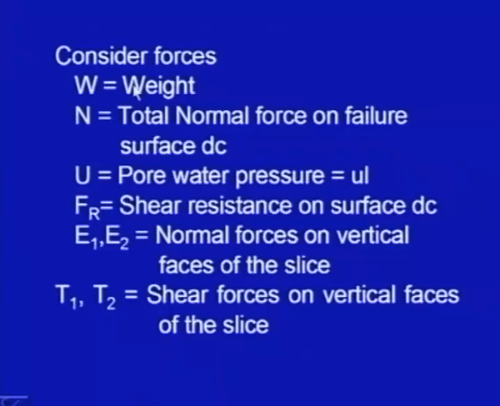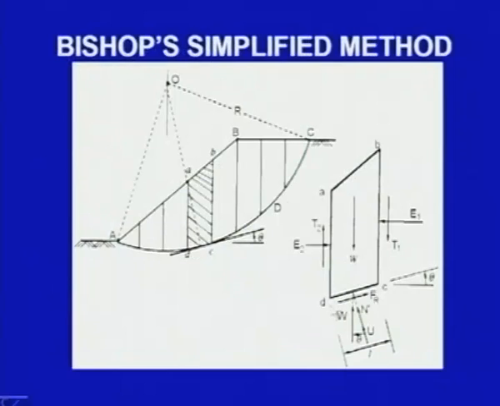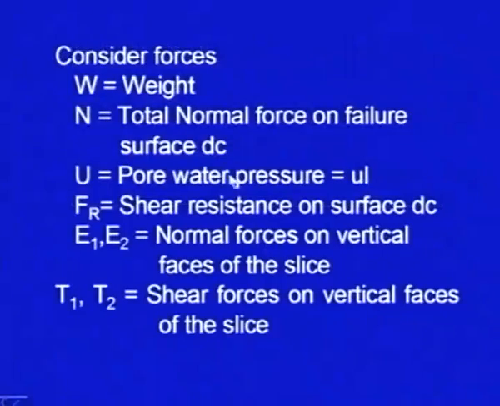So, these are the forces which are considered in this analysis. W is the weight, N is the total normal force on failure surface DC, and N dash is the effective normal force. U is pore water pressure, that is equal to U into L, and it will be acting normal to the surface DC.